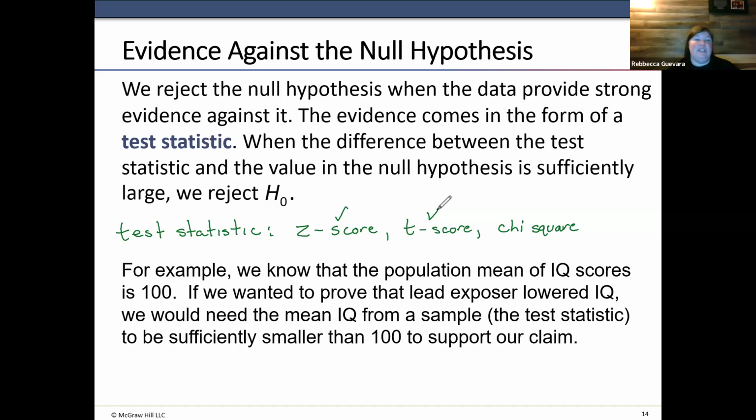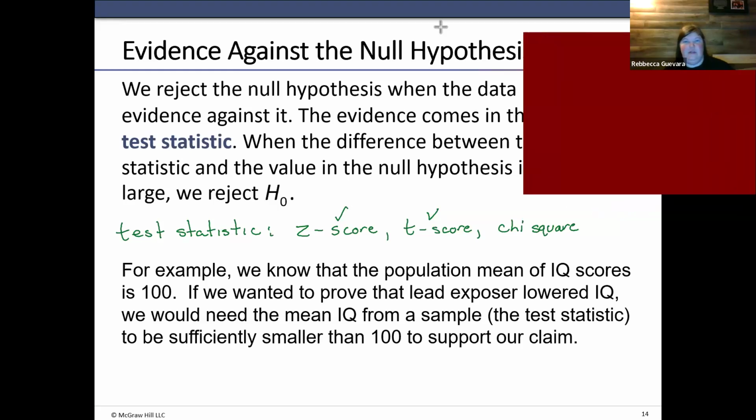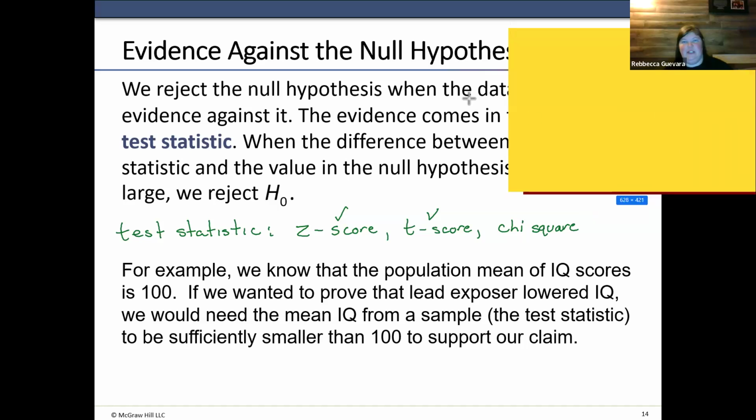So when the difference between the test statistic and the value in the null hypothesis is sufficiently large, we reject the null hypothesis. Let me make a little picture here. Let me use a different color because that red is not going to be great. So we'll use this example down here.